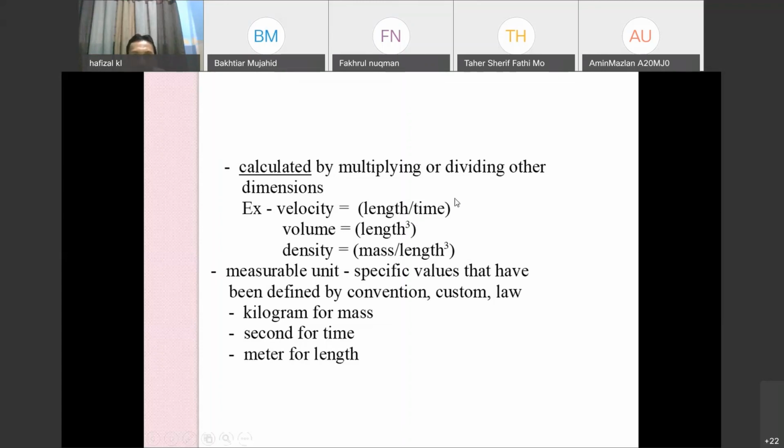Basically we have a velocity, the unit is meter per second. For the volume, we have meter cube. For the density, we have mass, kilogram per meter cube or something like that. So this one is a derivative unit.